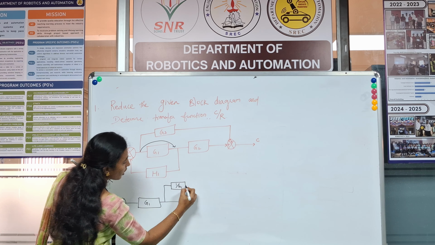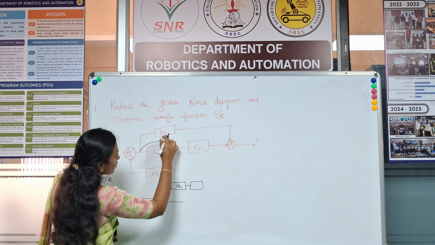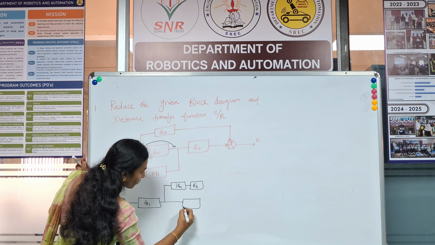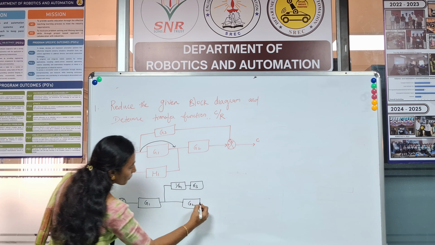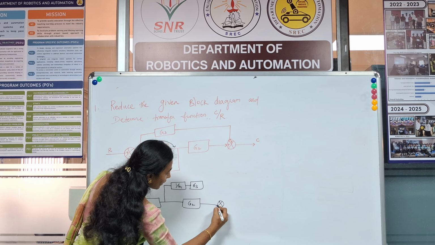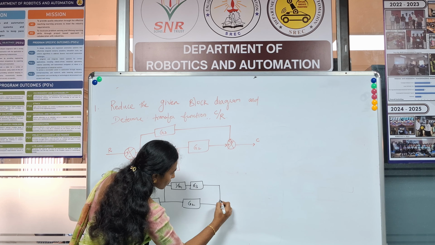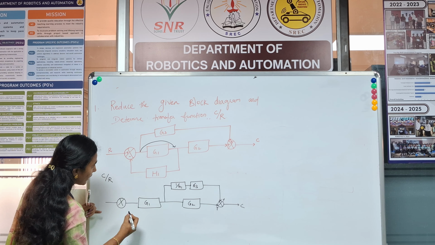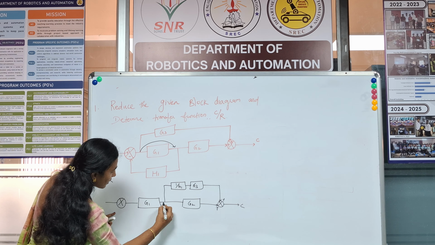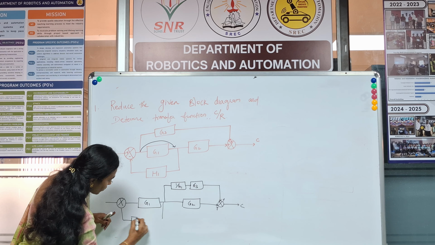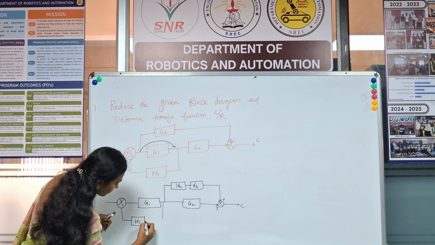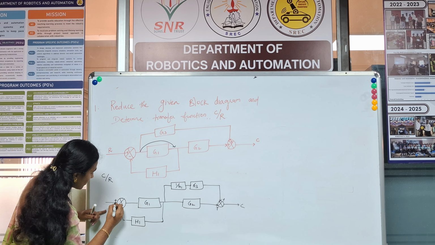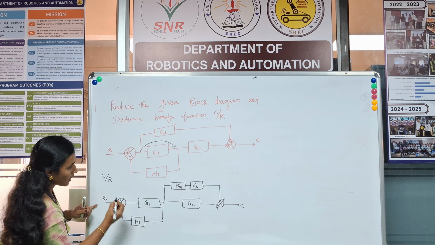And you already have the block G3, and here is the block G2. And you have the summing point here, so this is plus and here also it is plus. Then C, and one more, the feedback, which is H1. Here it is negative and here it is positive. This is the input R and here the output C.